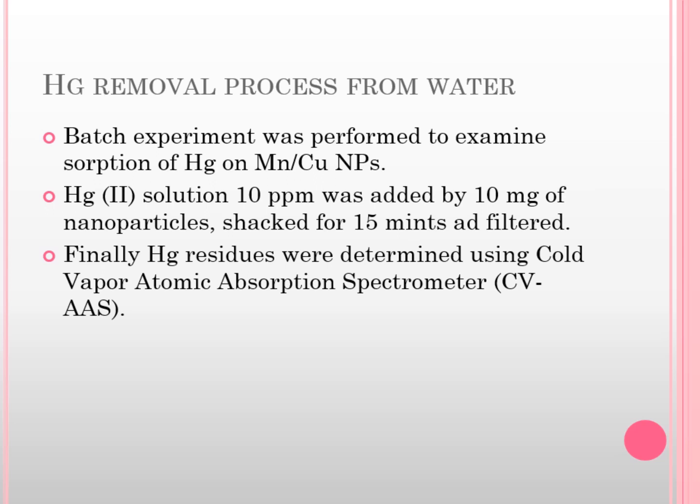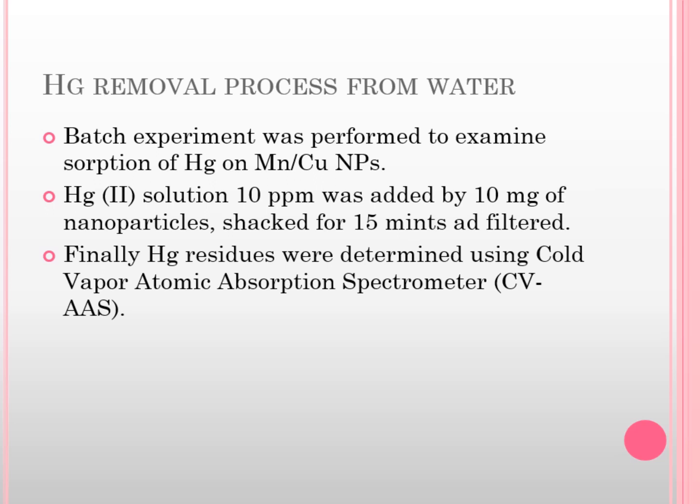Mercury removal process from water. A batch experiment was performed to examine the adsorption of mercury on manganese copper nanoparticles. In this study we conducted the batch experiment and examined the removal and adsorption of mercury on manganese copper bimetallic nanoparticles.